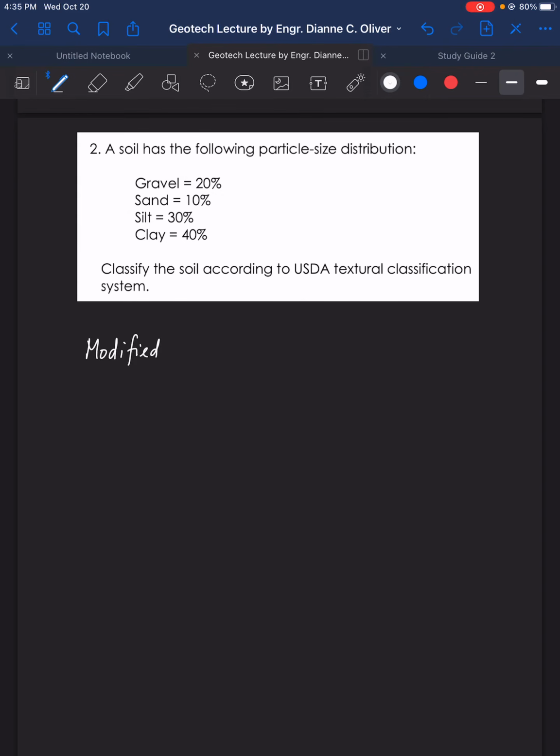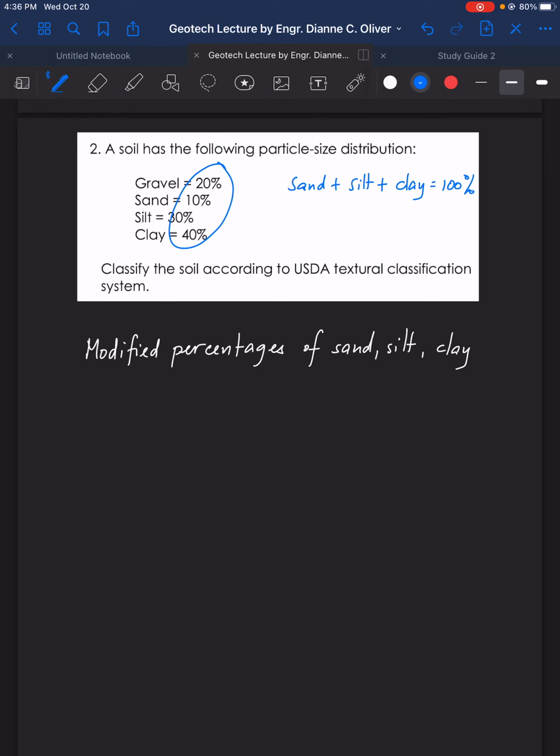So modified percentages of sand, silt, and clay. So this is a total of 100%. What we need as 100% is the sand plus the silt plus the clay equals 100%, isn't it? But here we have gravel. So what will we do?